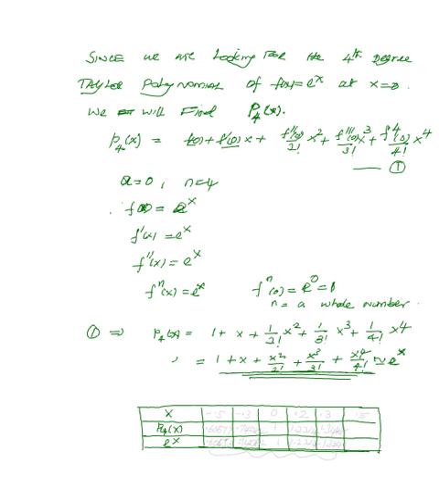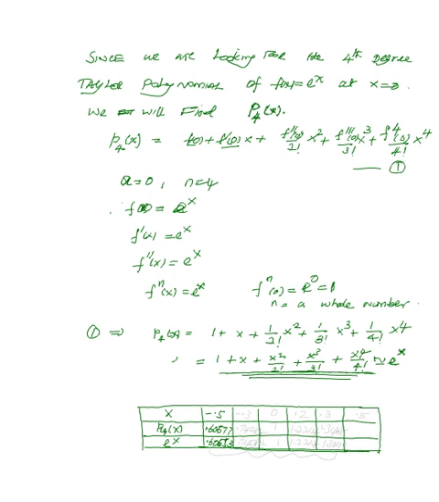Now let's say if I say x is negative 0.5, using my calculator I found out the value of p4 of x is 0.60677, whereas e to the x is 0.60653.